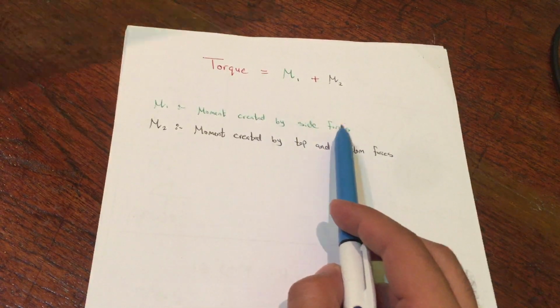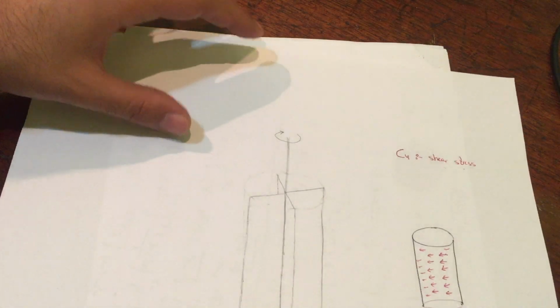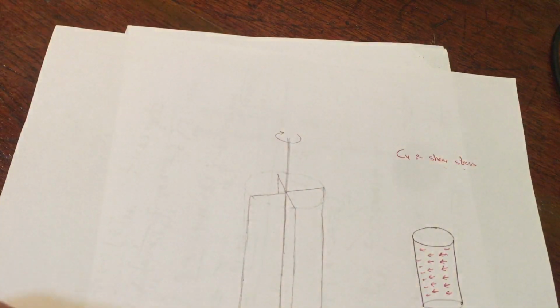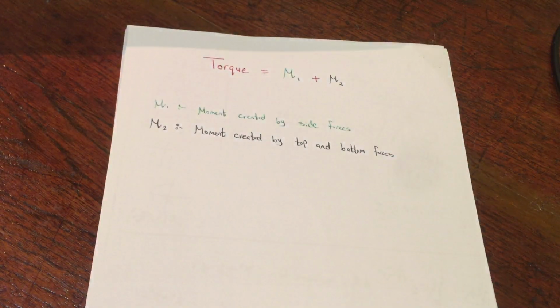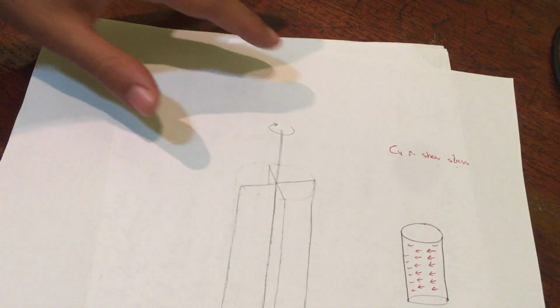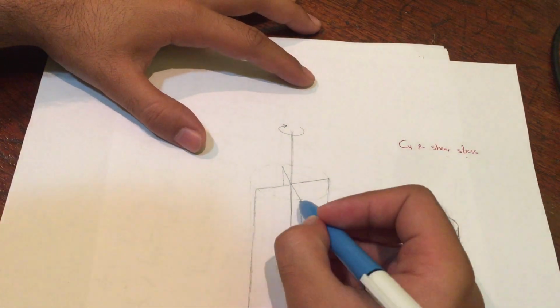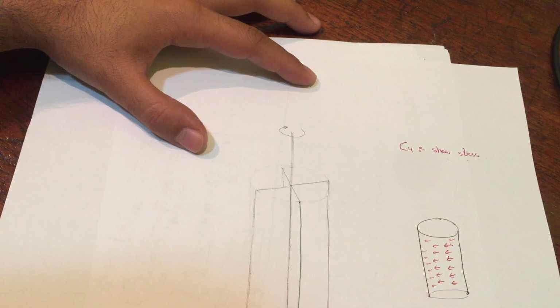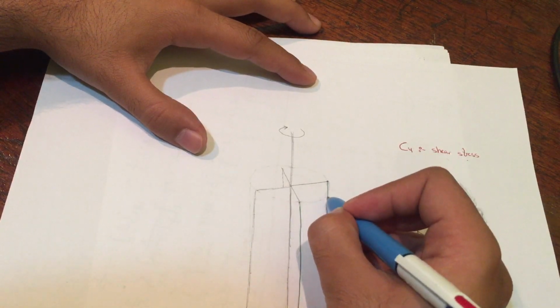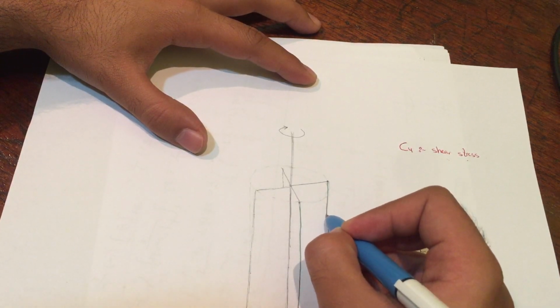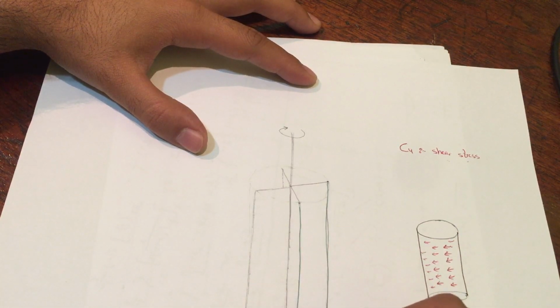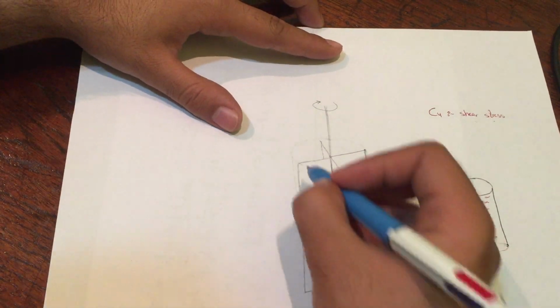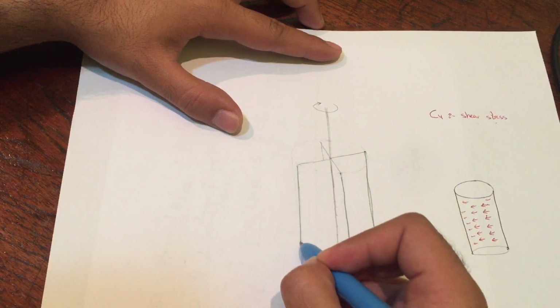When I talk about the side forces, let me keep the same color, green. When I am talking about the side, I'm talking about those four sides. This is my first side in green, the second side, and here's my third side.